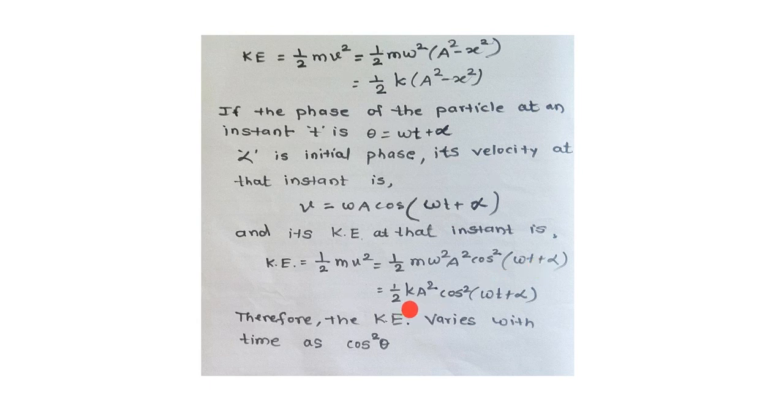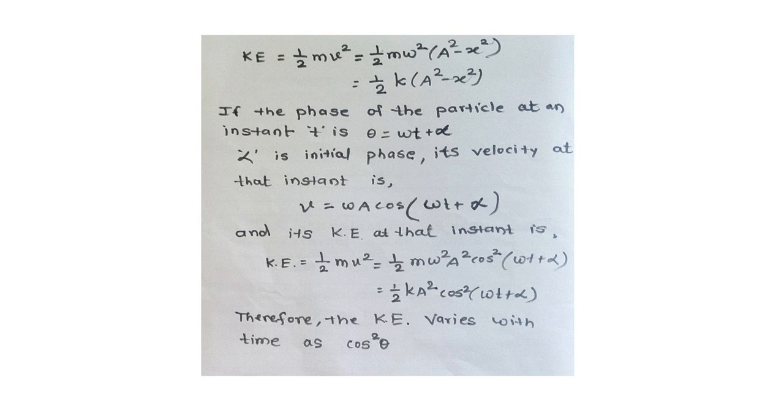We will get here 1/2 k a square cos square omega t plus alpha, and therefore this is the equation of kinetic energy. The kinetic energy varies with the time as cos square theta here.